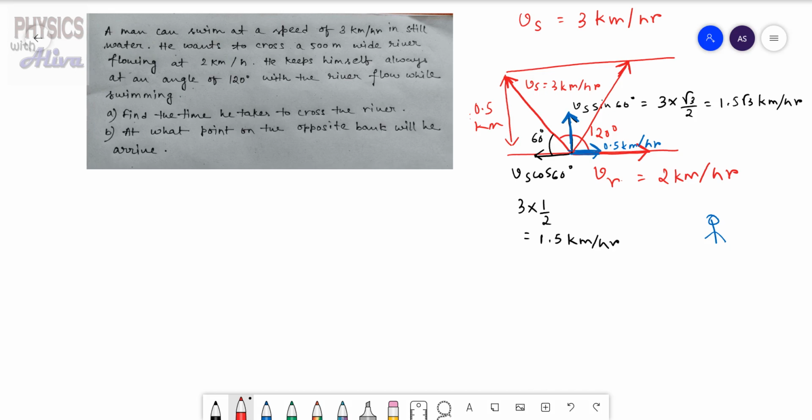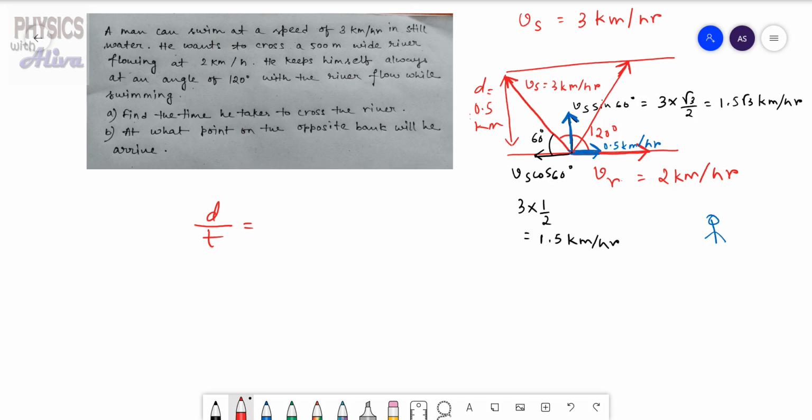Okay, so now find the time he takes to cross the river. When we are taking horizontal distance, we will take horizontal velocity. When we are taking vertical distance, we will take vertical velocity. So suppose this is d. D is the vertical distance and t is the time taken.